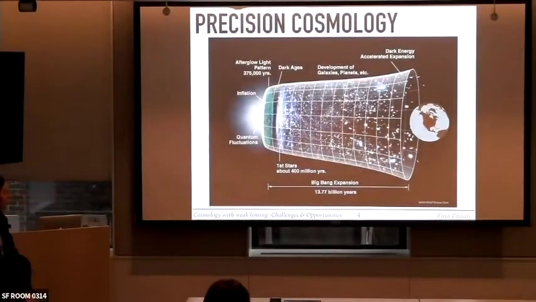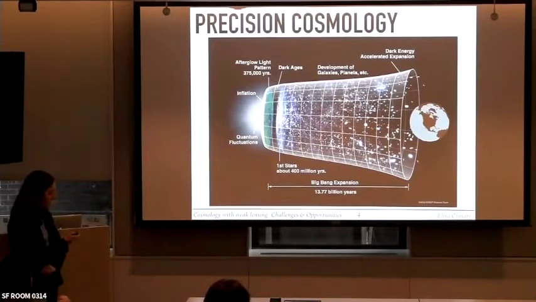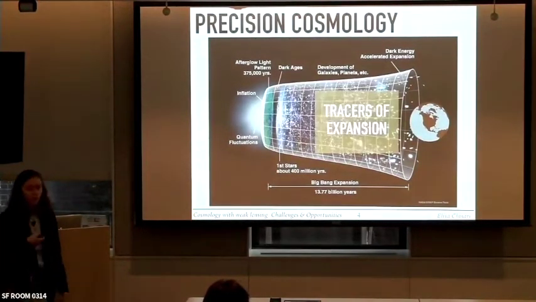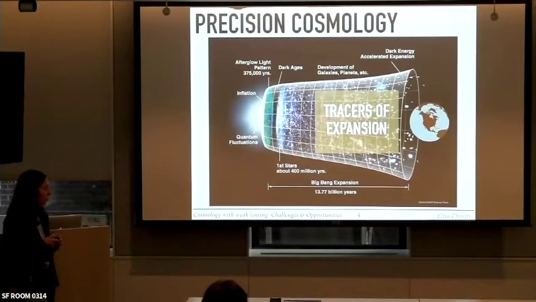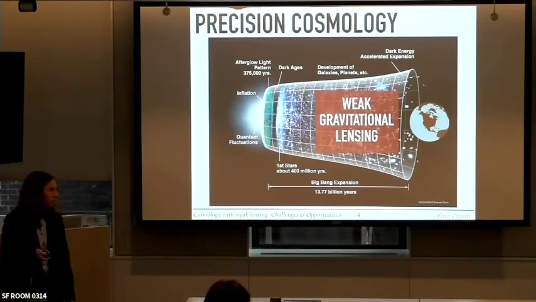In order to harness the full statistical power of the structure of the universe, we need to identify tracers of that expansion history if we want to learn about the nature of dark energy. And the tracer that I'll be focusing on for this talk is weak gravitational lensing. So we're going to be extracting the information that lies in the large-scale structure of the galaxies that formed after these primordial fluctuations grew by gravity throughout the history of the universe.